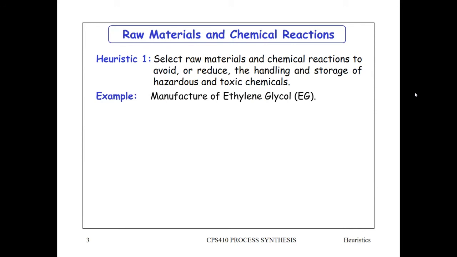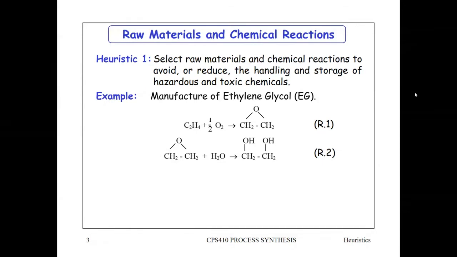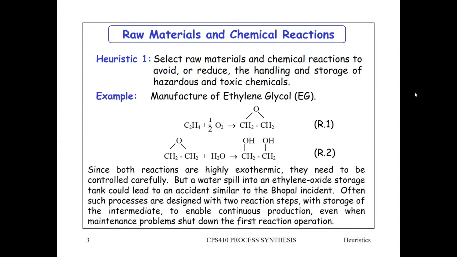So an example is the manufacture of ethylene glycol, and that formula, CH2CH2, bridged by an oxygen, plus water will make ethylene glycol. But both reactions are highly exothermic. They need to be controlled carefully.